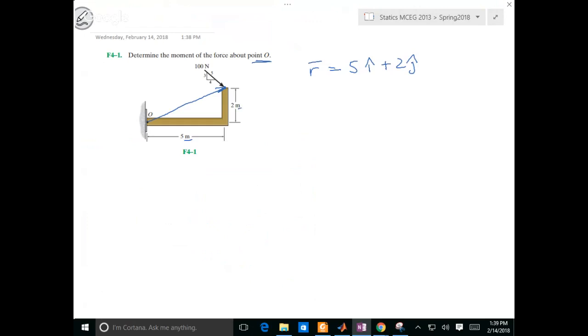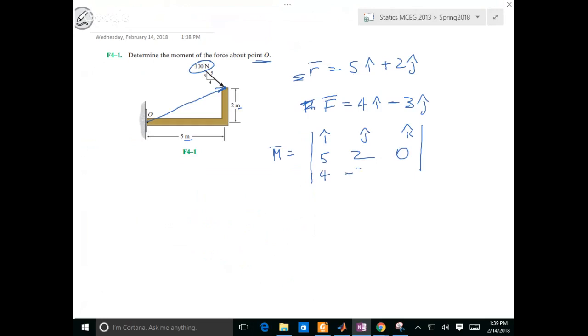And then the point of the application load, the value of that load looks to me like it's 4I minus 3J. So the moment's just going to be I, J, K, and I'll grab this one first, 5, 2, and nothing, and then 4, minus 3, and nothing.